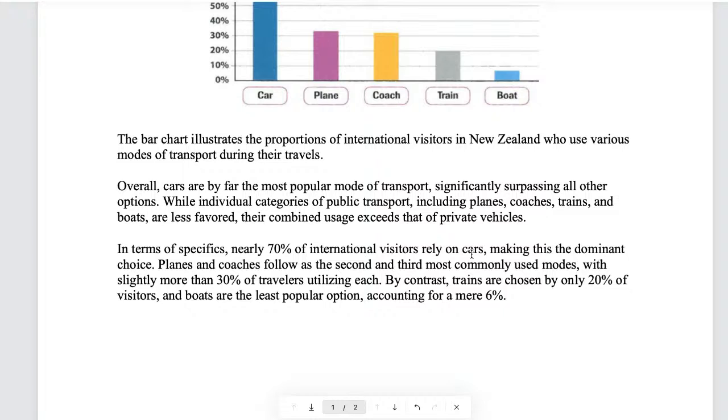Including planes, comma, coaches, planes, coaches, comma, trams, and both, comma, are less favored. Are less favored.